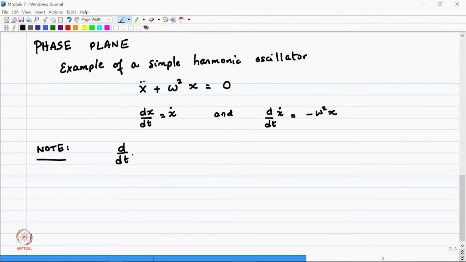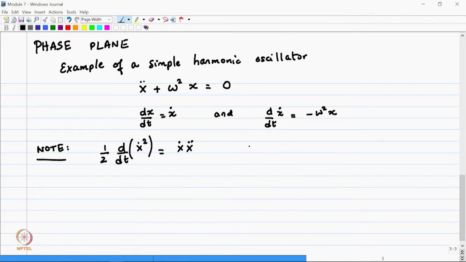if you look at d by dt of x dot square, this is equal to 2, or let me put a half here, then that will cancel the 2. So half d by dt of x dot square, d by dt of this whole thing, will be x dot into x double dot.